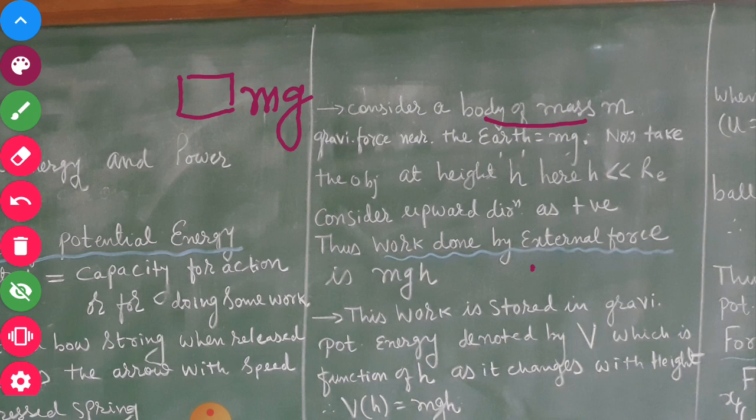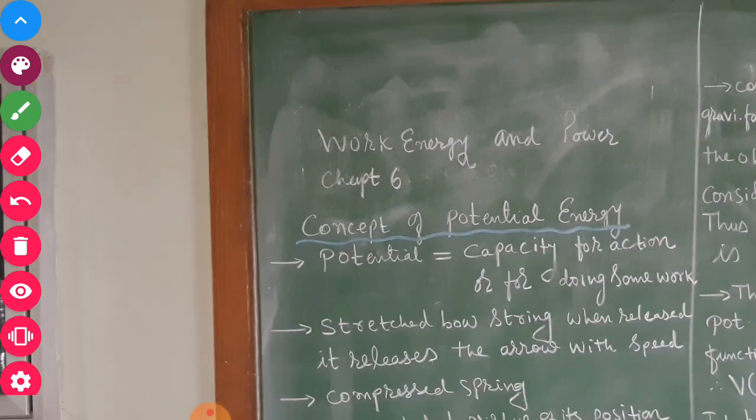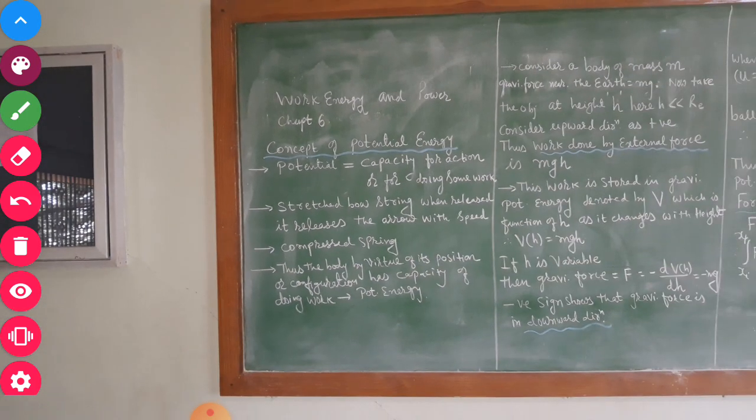Now when you are taking that object from one place to another, at some height h, try to understand, say for example you have the object lying here, and you are taking this object here to a certain height. The direction in which I am taking the object is taken to be the positive direction.